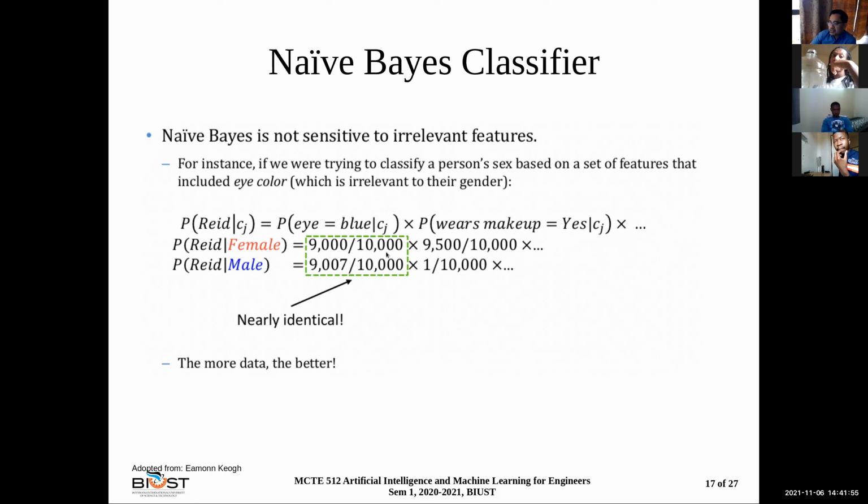So what is the thing that he's saying here? He's saying that in naive Bayes, if some features are almost identical to each other, they become irrelevant. You know why? Because this factor is almost similar to this factor.